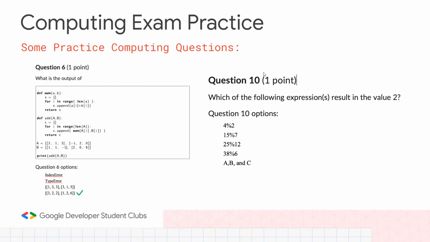Okay, now we'll get to question 10. So question 10 says, which of the following expressions result from the round 2? Does anyone know what the answer is? So the answer should only be one option.